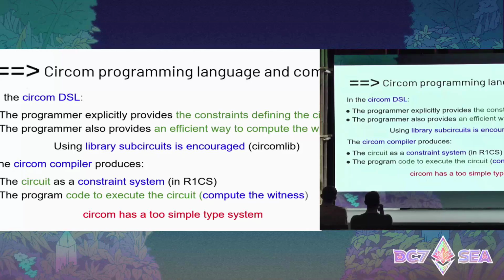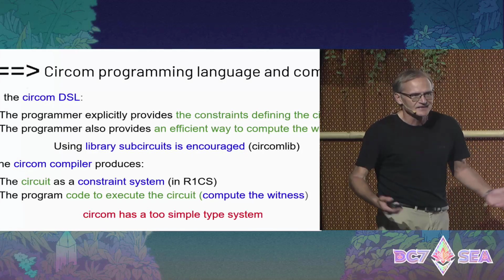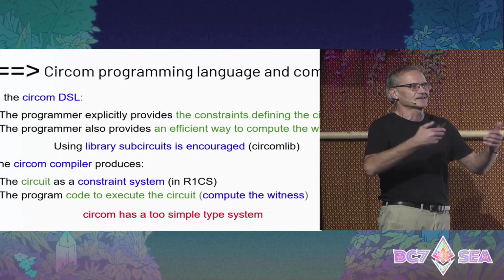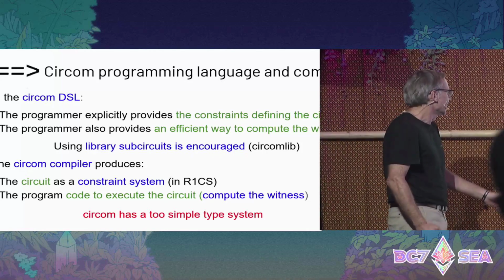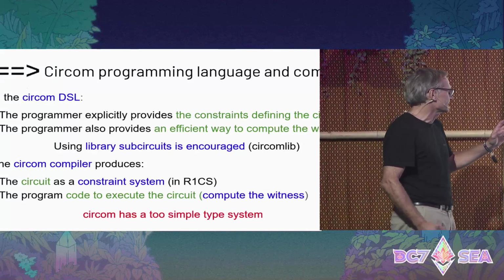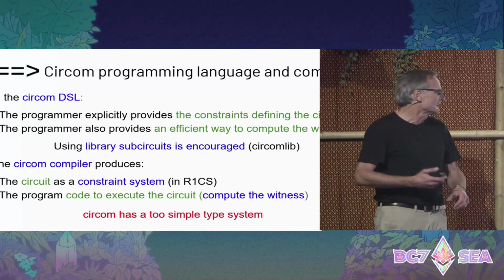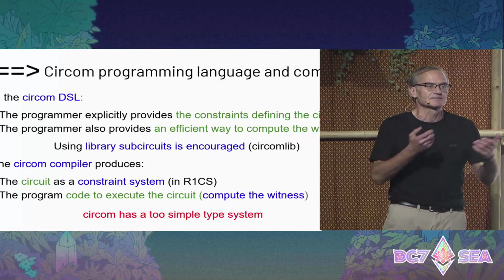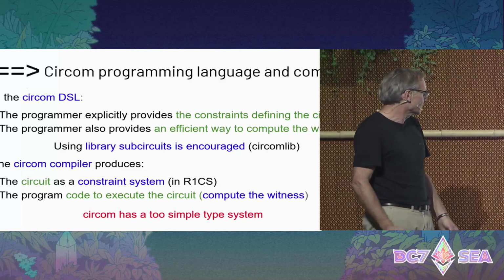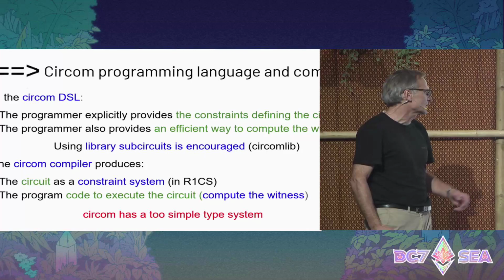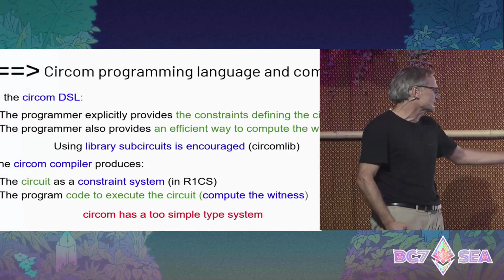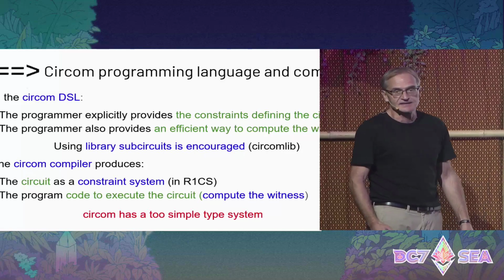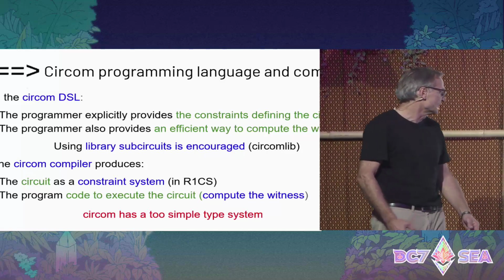And in fact, this is really encouraged because this is the best way to easily program good and safe new circuits. What the compiler does is, from this program, produce a constraint system in R1CS on one hand, and on the other hand, you get the code that allows you to execute the circuit and compute the witness.